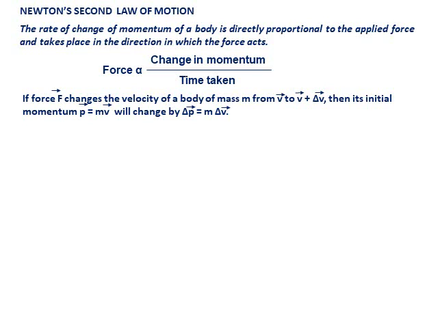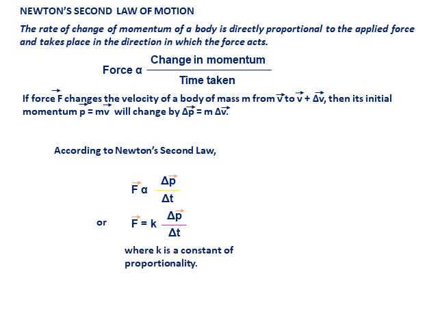If force F changes the velocity of a body of mass m from v to v plus delta v, then its initial momentum p equals mv will change by delta p equals m delta v. And according to Newton's second law, F is directly proportional to delta p by delta t. When you remove the proportionality sign, you get a constant, k.